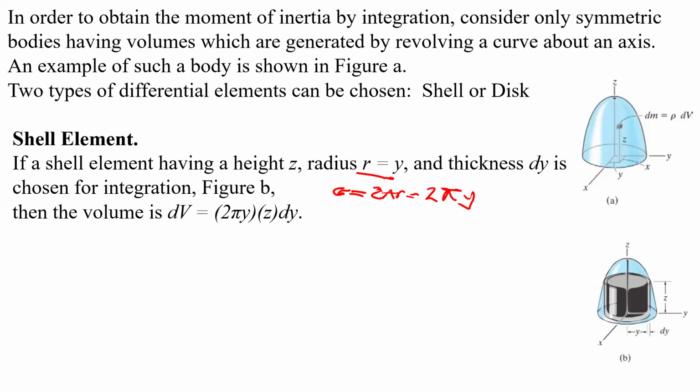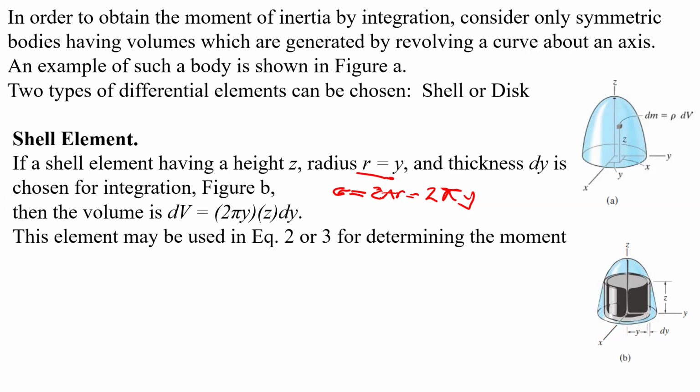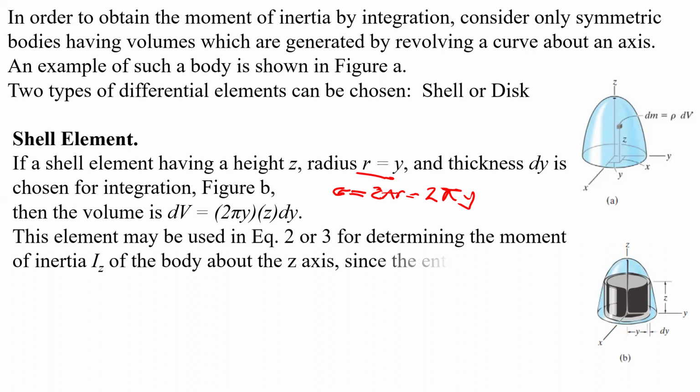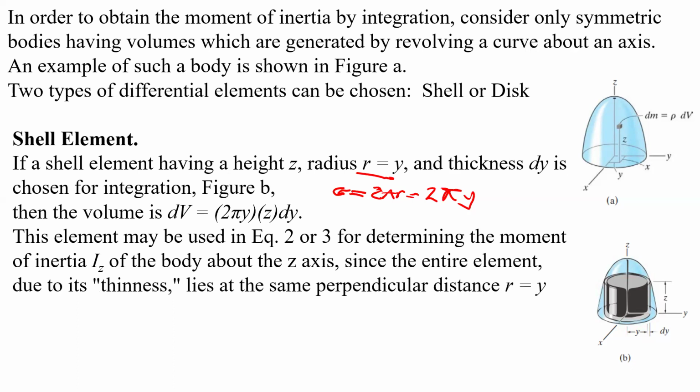Since it's a volume, it has three dimensions, x, y, and z. Here you have the circumference, then the thickness, and then the side that is growing. So this element may be used in equation 2 or 3 for determining the moment of inertia, Iz, about the z-axis of the body, since the entire element, due to its thickness, lies in the same perpendicular distance r equal to y from the z-axis.